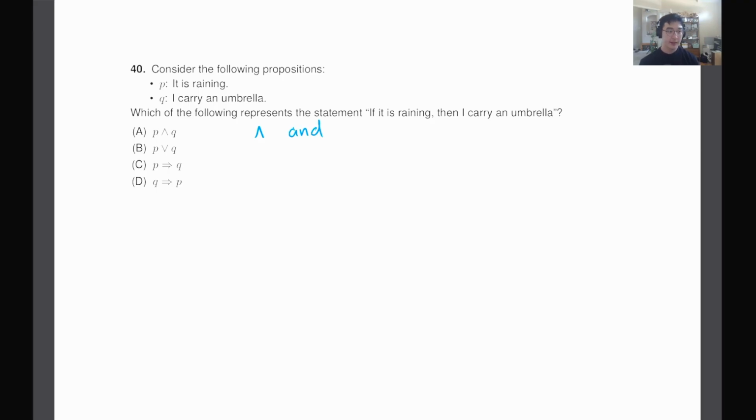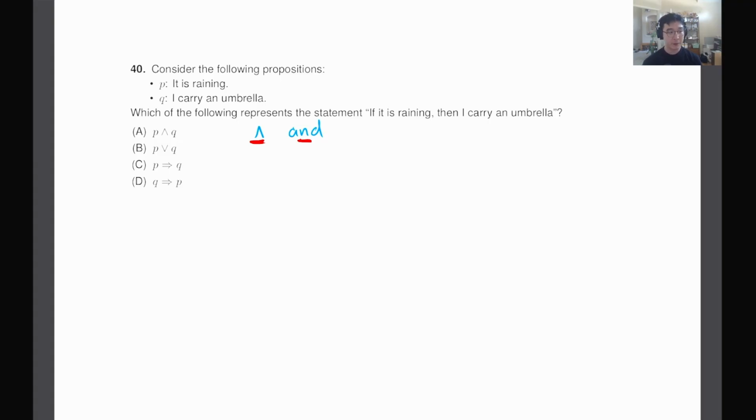And you do need to memorize this. The best way I know how to memorize this is that the caret that goes up matches the n, which also has a hump. So that's how I remember that that is an and.